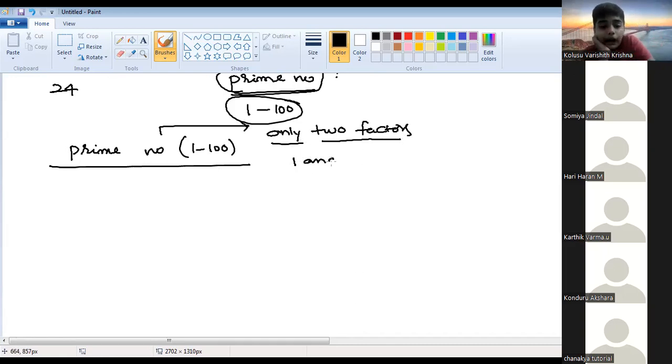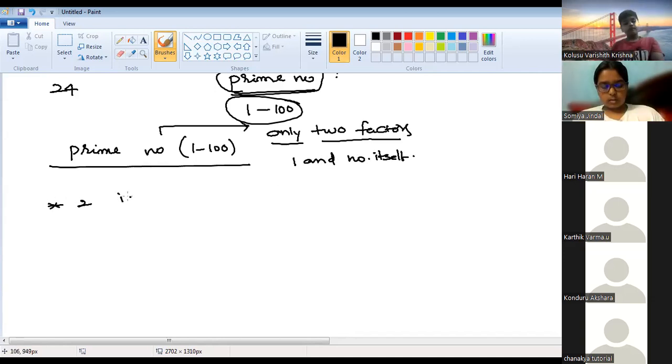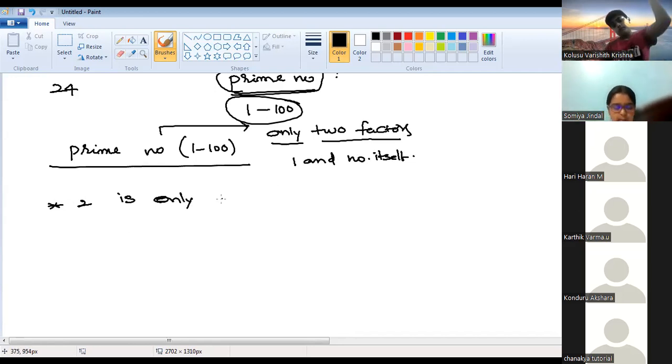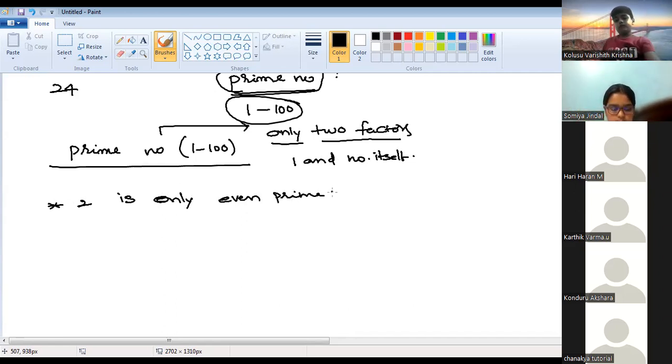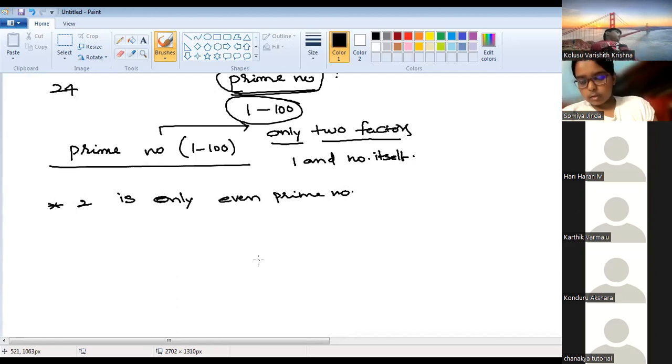But 2 is the only even number which is a prime number. Very good. 2 is the only even prime number, no other. All the rest of the even numbers are gone. Other prime numbers are odd except 2.